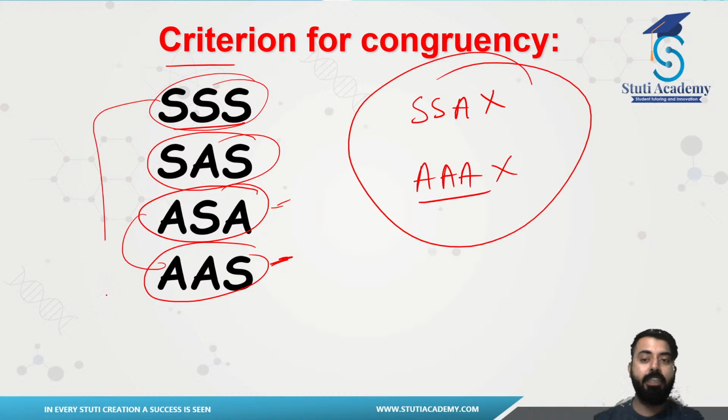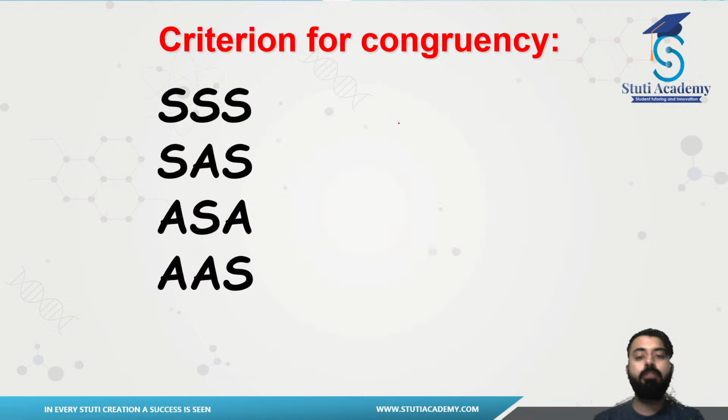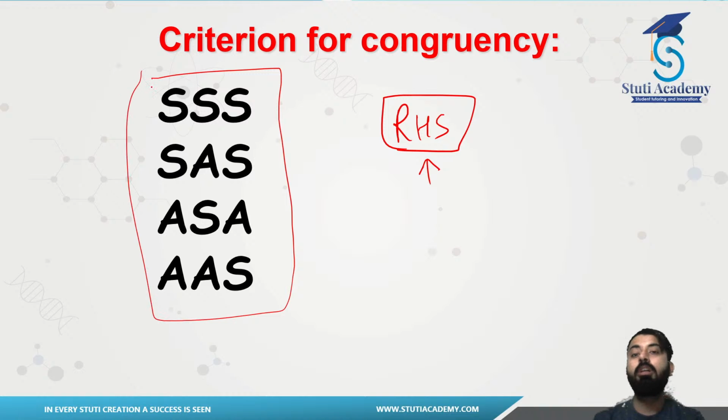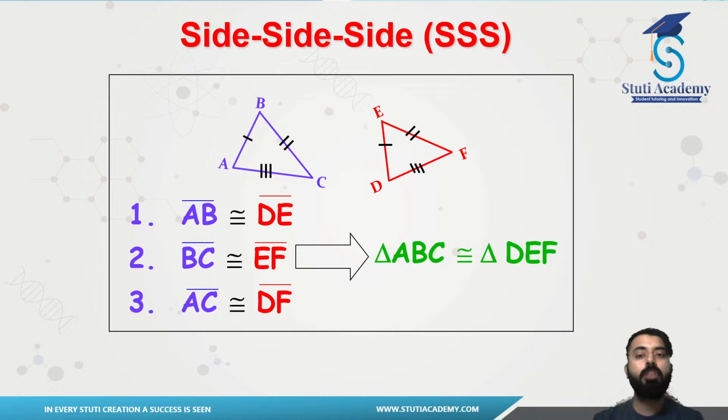We have these four criteria along with one more criteria which is right angle hypotenuse side. This is another criteria that we will be discussing in the coming videos. This is a very important criteria if we are talking about right angled triangles, but generally we will be using these four criteria to prove congruency of two triangles. Now let's see the first one, the side side side criteria.